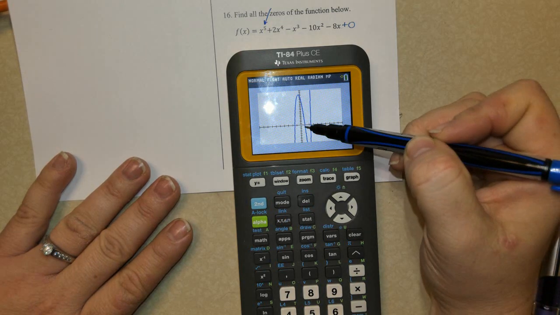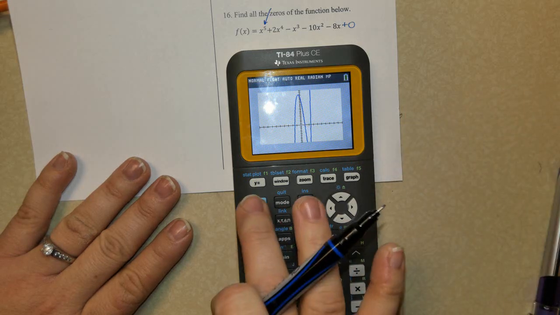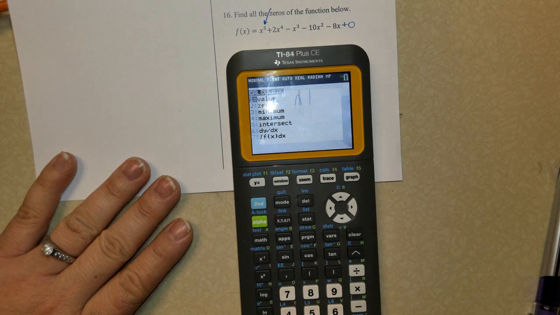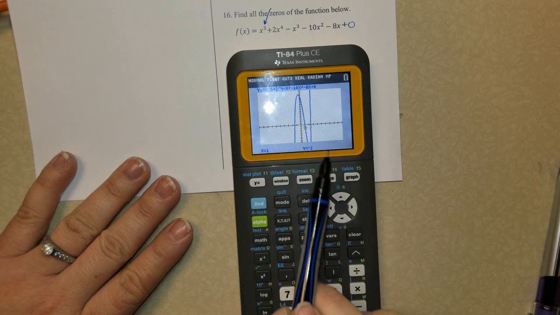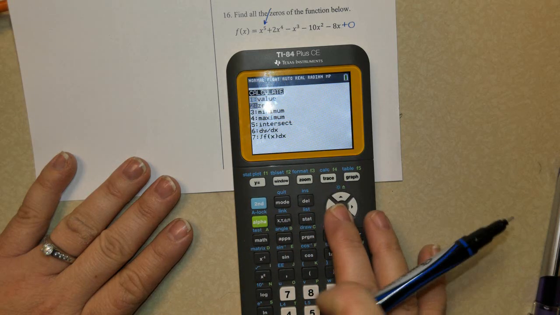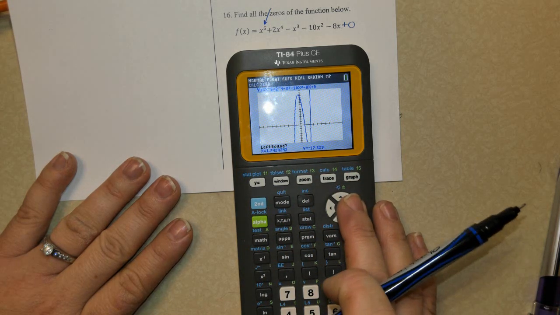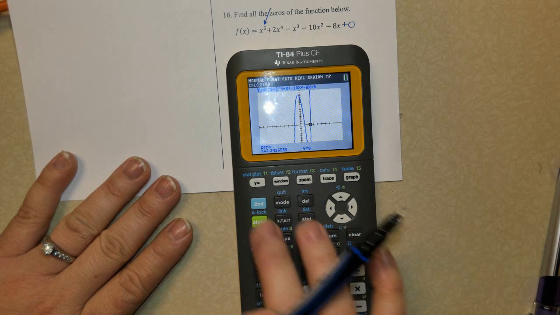Okay, so I want to find just one of the real zeros. And it appears like one of them that does not have a fraction to it would maybe be 1. Let's check. Second trace value. Is 1 an answer? It is not. Let's check here, maybe 2.5. Otherwise, I can just figure out what the exact 0 is. So there's left bound, right bound. Okay, that's not nice.